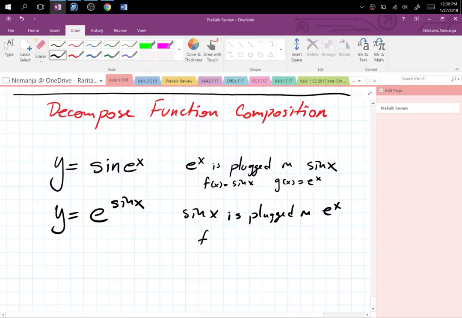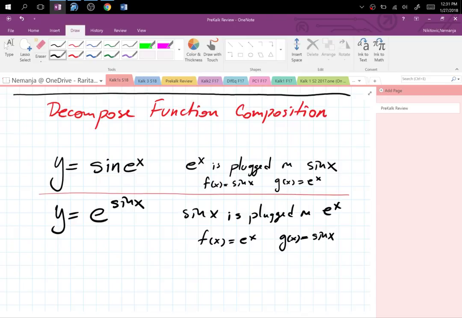Clearly on the bottom one, f of x is e to the x, and g of x, which is plugged in, is sine x. And this is, again, making sure that these are composed as f composed with g. I'm going to separate these two examples with this thin line over here so that you are clear on the function decomposition.